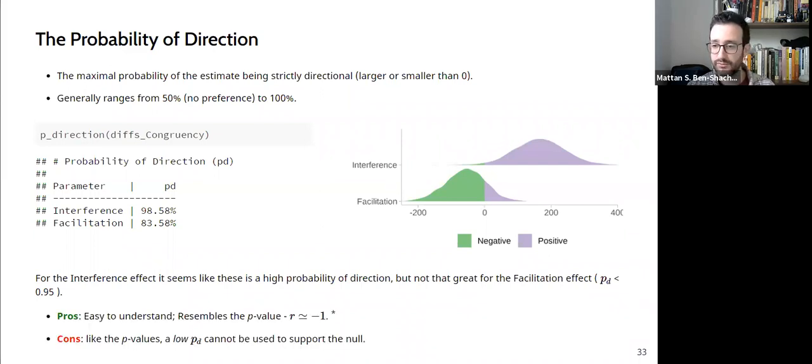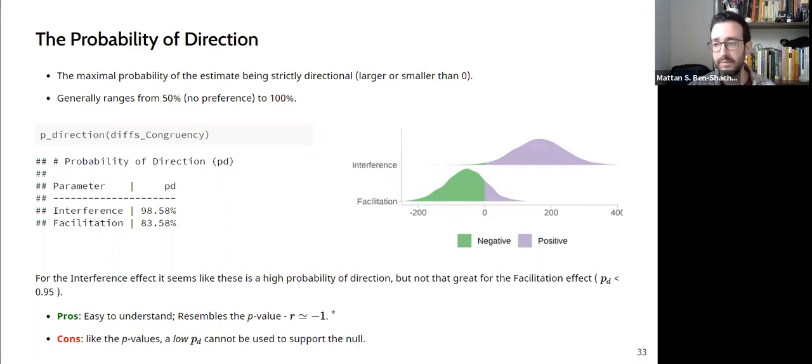The pros for using the probability of direction are that it's easier to understand, right? It's relatively straightforward. It also resembles the p-value from frequentist statistics. What is the p-value testing? It's testing whether what I got in my sample, my estimate, is different from zero. What does it mean to be different from zero? It means being positive or negative, right? That's actually what we're saying. We're saying that the effect has some positive or negative sign.